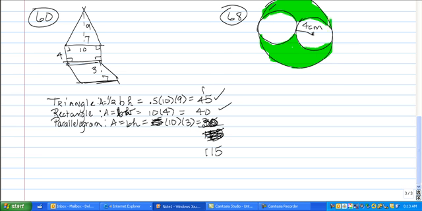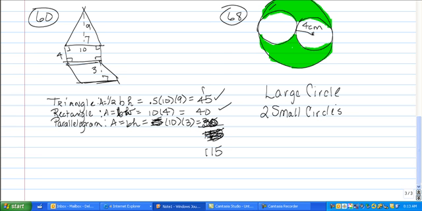There we go. Okay, so we're looking for the shaded area. So what we need is the area of the large circle, and then the area of the 2 small circles. And we'll have to subtract them, and that'll give us the shaded area.